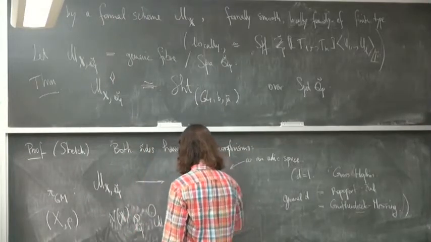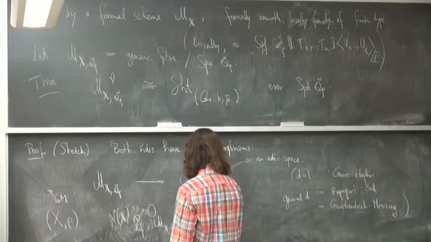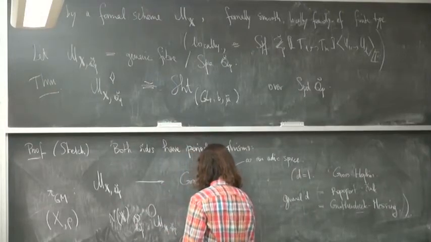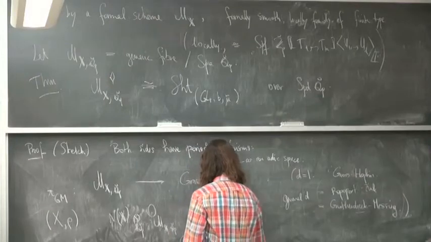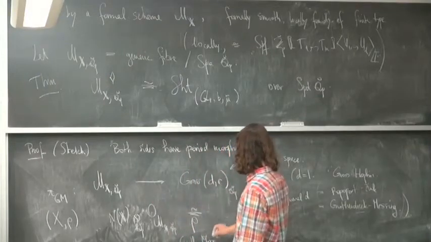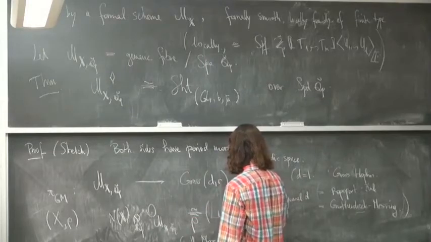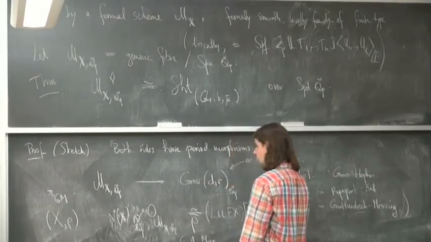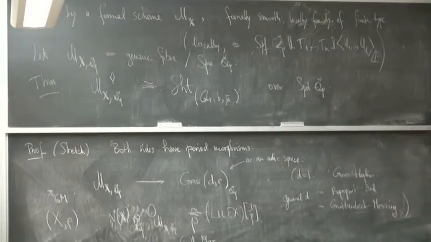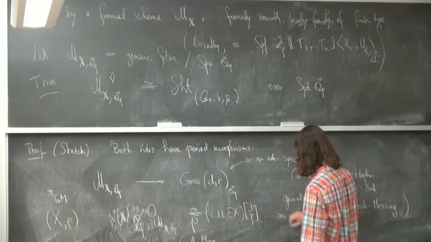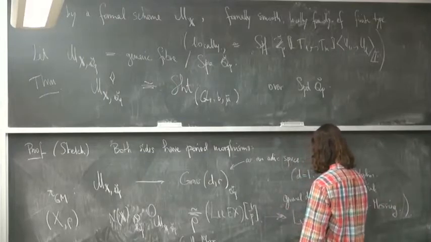And then, via this quasi-isogeny rho in Grothendieck-Messing theory, this is identified with the Lie algebra of the universal vector extension of x. And the Lie algebra of the universal vector extension certainly surjects onto the Lie algebra of x itself.